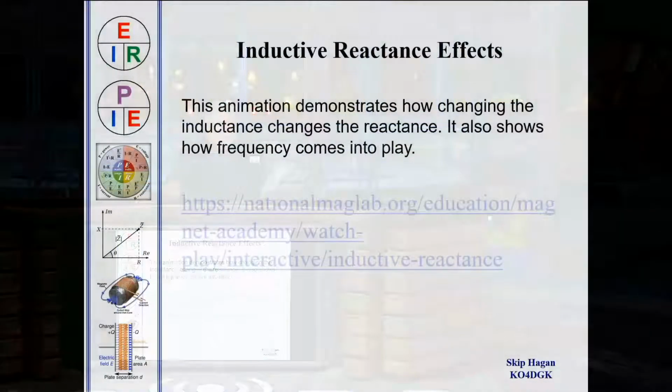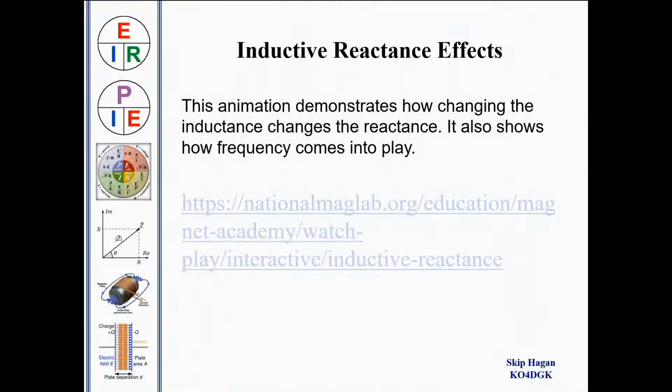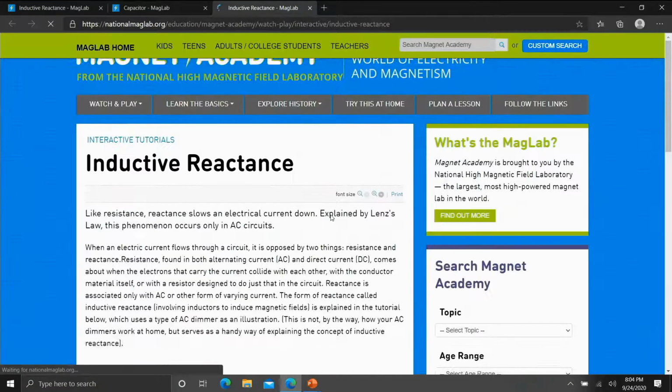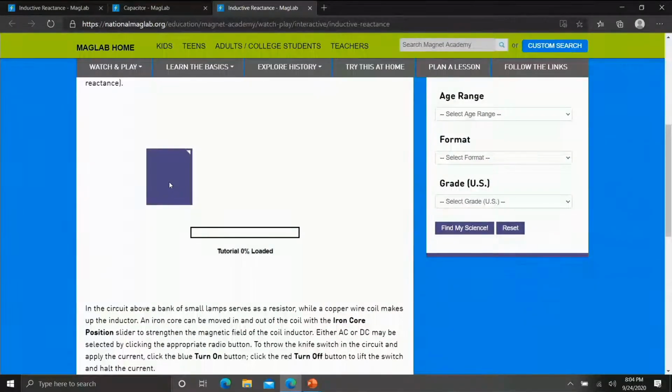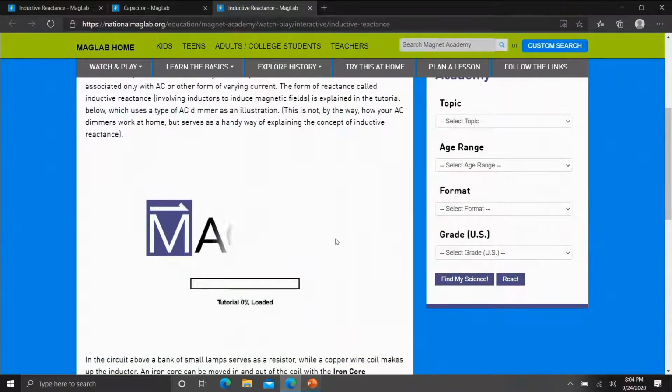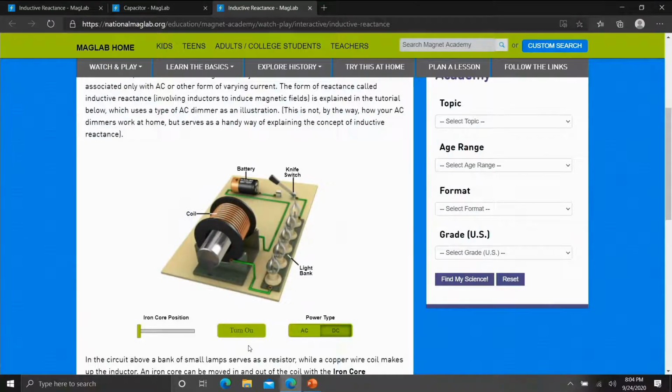Going back to the mag lab again, we'll go here and see another animation that will illustrate the effects of inductive reactance.